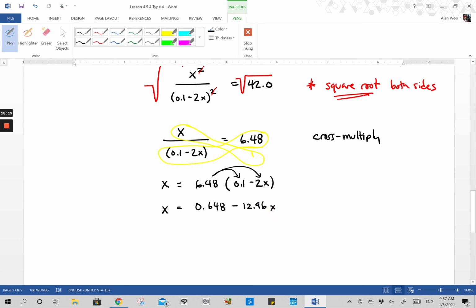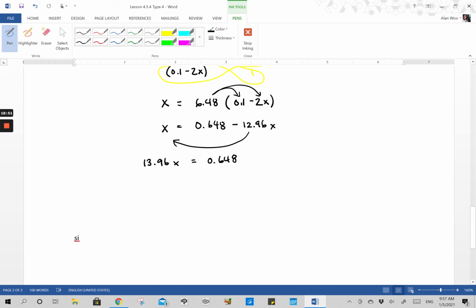You still want to solve for x, so you want to make sure that all the x's are on the same side. So you bring this value over. Now remember, this is a 1x here. So when you bring 12.96 over to the other side, the negative sign becomes positive. So you're actually adding them to make 13.96x equals 0.648.